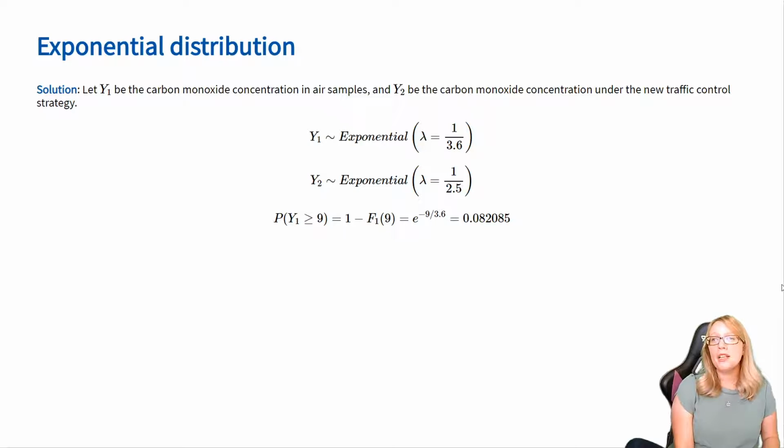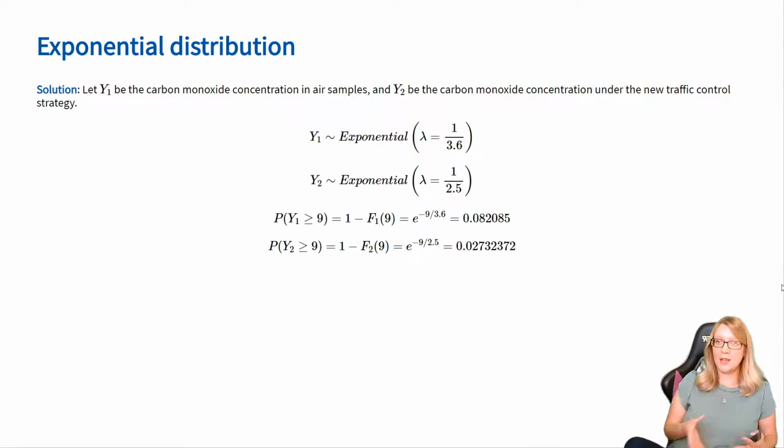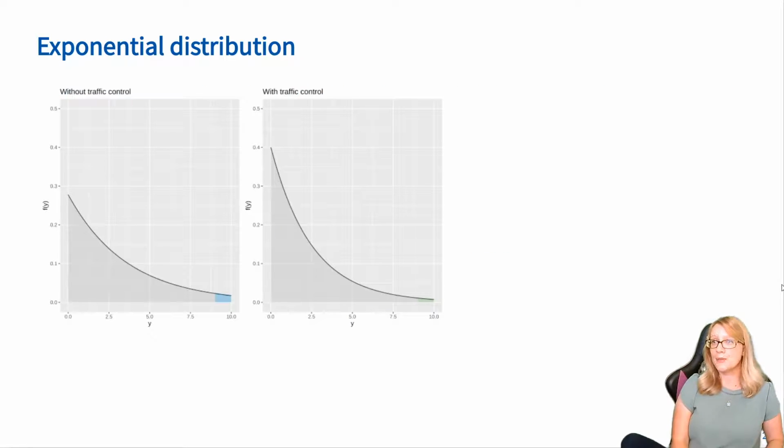So the probability that Y is greater than 9 is 1 minus the CDF of Y1 evaluated at 9, so about 0.08. However, if we do the same calculation for Y2, the probability of exceeding 9 parts per million under this new distribution has decreased rather dramatically. It's gone from about 0.08 to about 0.03.